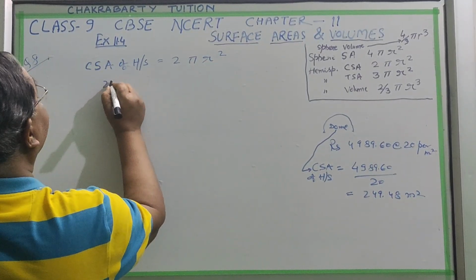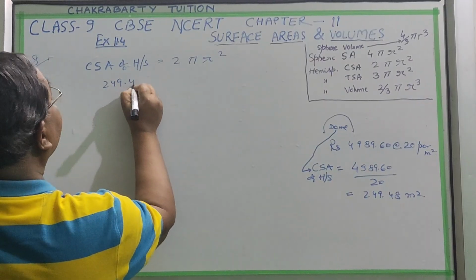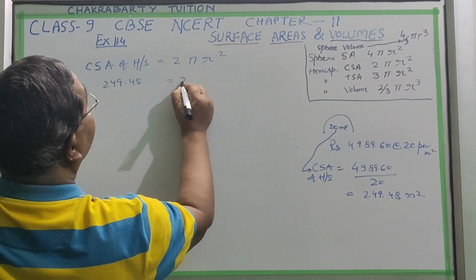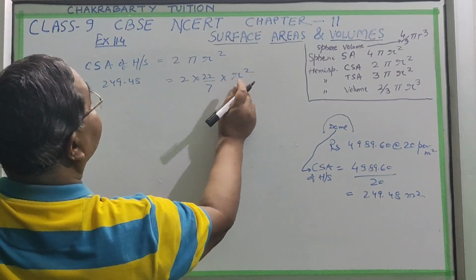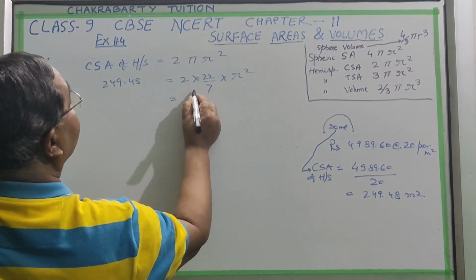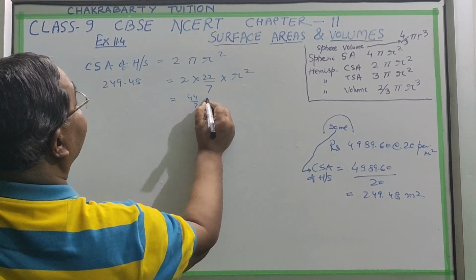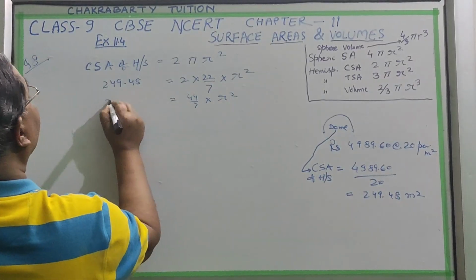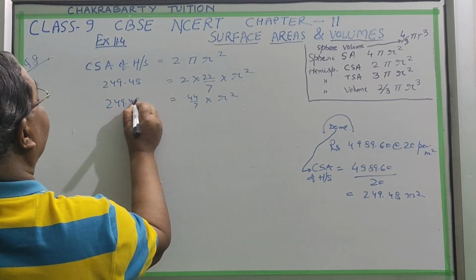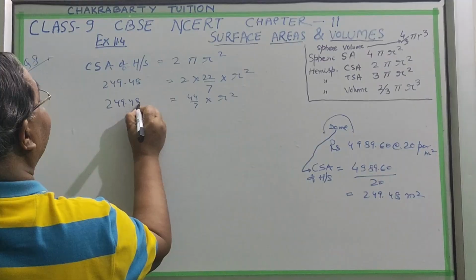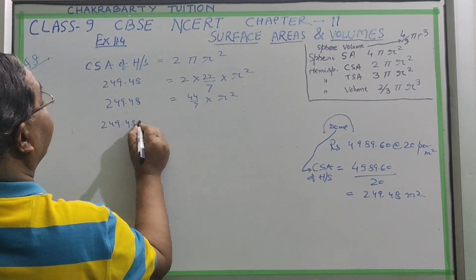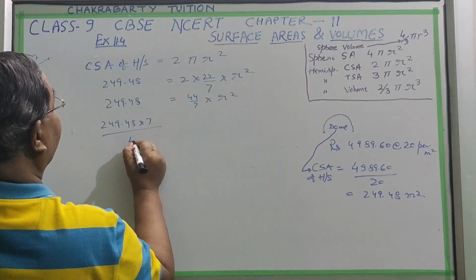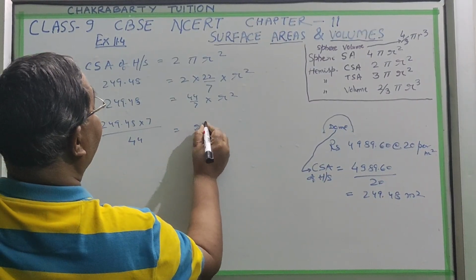So we will put this figure here, 249.48, equal to 2 into 22 by 7 into r square. So it will be 44 by 7 into r square. This figure will come to this side and it will cross multiply. 249.48 into 7 upon 44 is equal to r square.